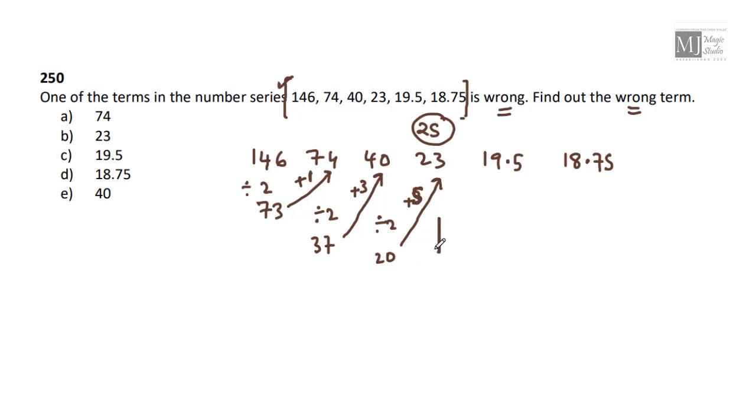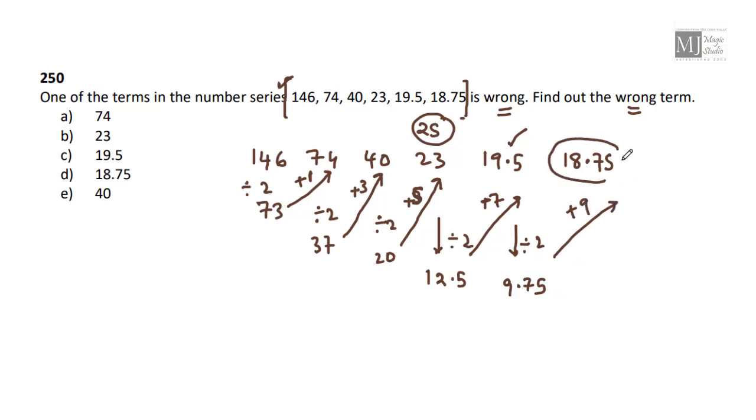Now 25 divided by 2 is 12.5, and as per this addition process I should be adding 7 to it. 12.5 plus 7 is 19.5, matched. 19.5 divided by 2 is 9.75, and as per this process I should add 9 to it. So 9.75 plus 9 is 18.75.